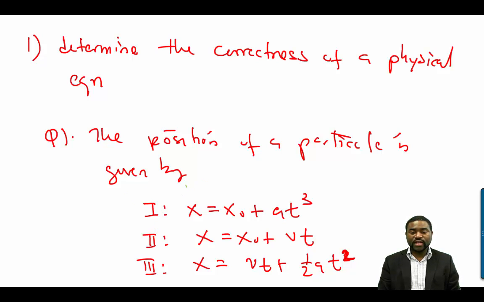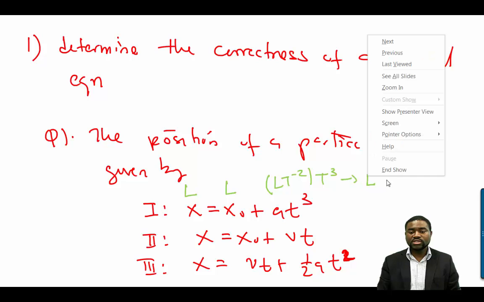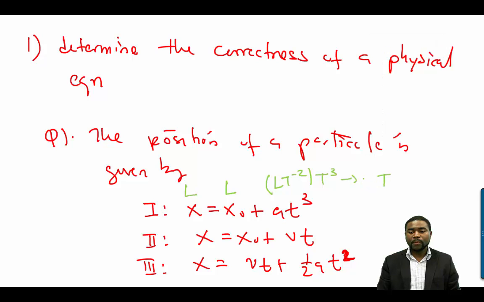The dimensions of x is L, x naught is L, the dimensions of a is L t minus 2, t cubed. You realize that this will give us LT. So equation 1 is dimensionally inconsistent, right?